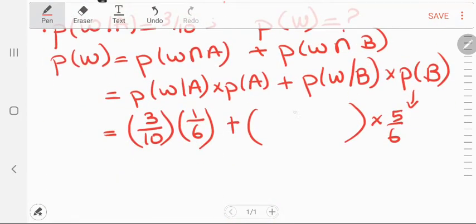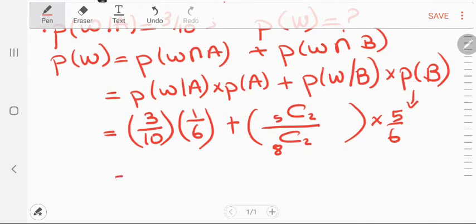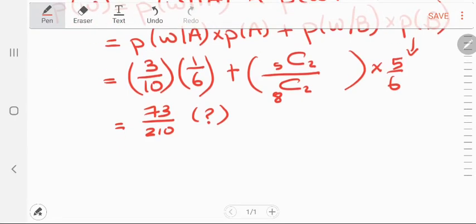So choose 2 of 5 over choose 2 out of 8. You can use a calculator to find this number. I think it's 73 over 210, but I'm not sure about the numerical calculation. You can use your calculator just to get the numbers.